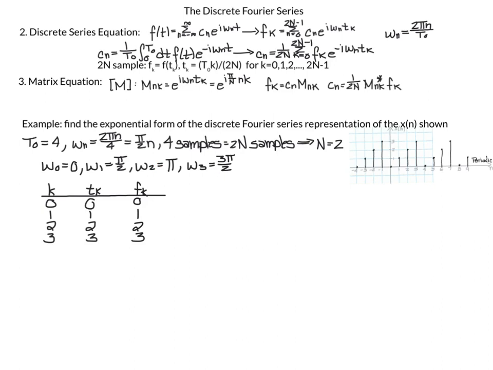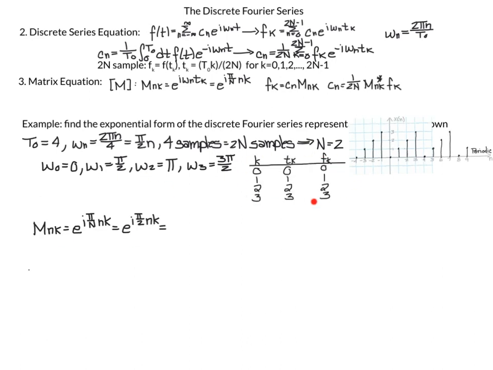Then I noted my values of k. So we're going to have k equals 0, 1, 2, and 3. So our t sub k, as we just discussed, happens to equal k, which is not always the case, but in this example it is. So t sub k is 0, 1, 2, 3. And our f of k also happens to equal k, the height. So 0, 1, 2, and 3.